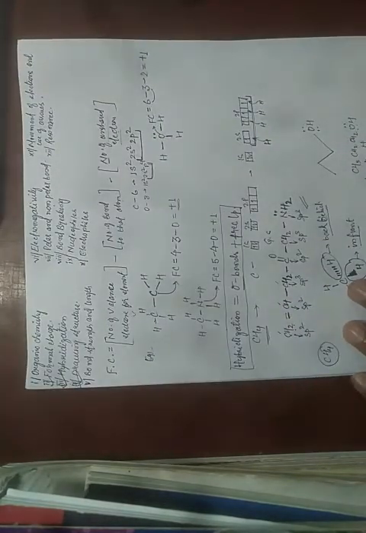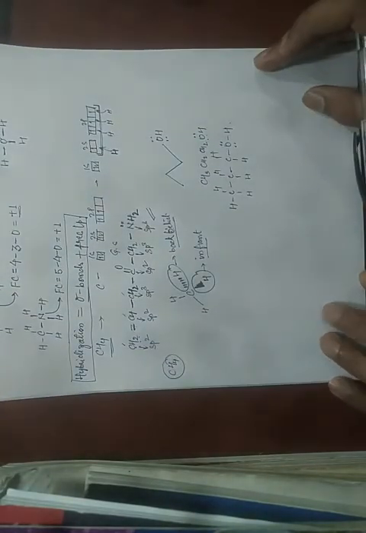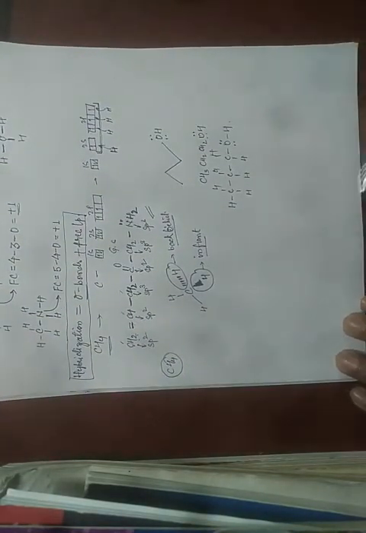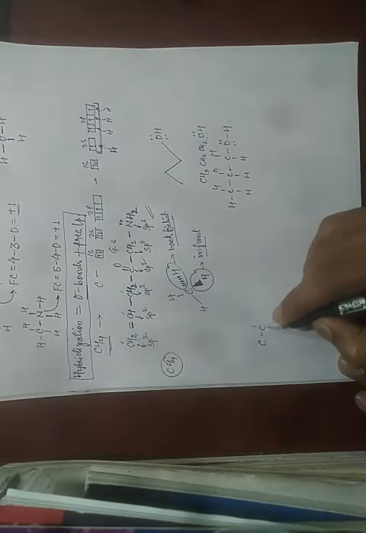now next, what is this? Bond strength and bond length. Okay, for this I will tell you a simple way to identify the bond strength or bond length. Suppose we have here carbon single bond.